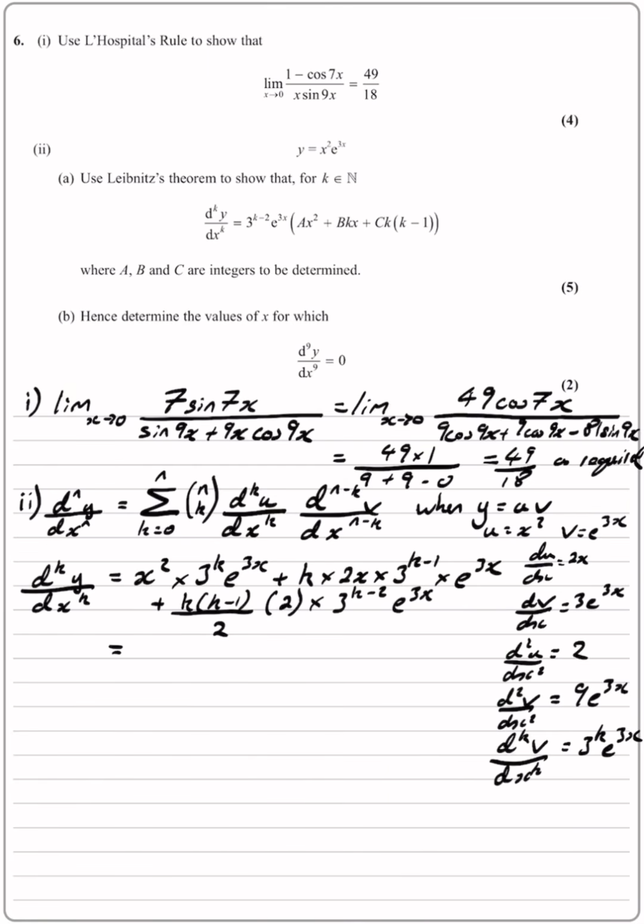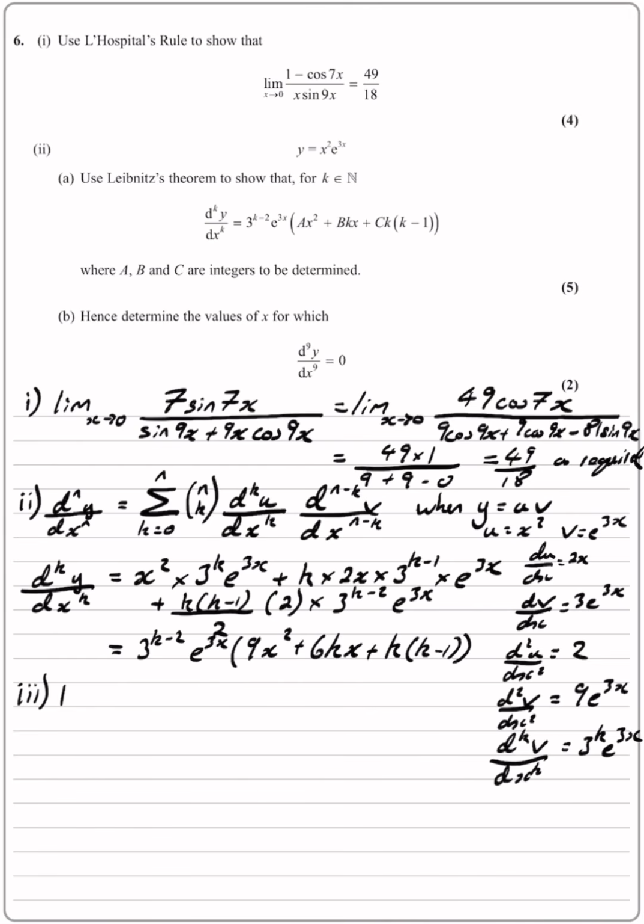Then we'll have the k times 2x times 3 to the k minus 1 times e to the 3x, plus the k times k minus 1 over 2 lots of 2 times 3 to the k minus 2 lots of e to the 3x, which is quite nice because we can factorize out 3 to the power of k minus 2 and e to the 3x, leaving us that lots of 9x squared plus 6kx plus k lots of k minus 1, which is of the form the question wanted.